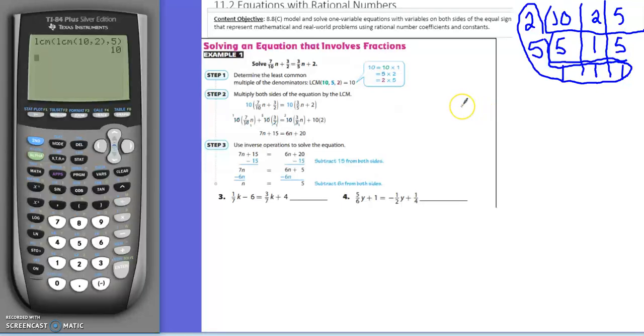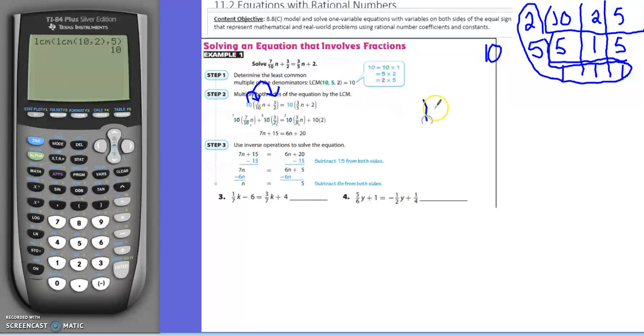Once you find the least common multiple or the least common denominator, you're going to multiply that number by both sides of the equation. So what we're going to do is something called the distributive property, where you multiply everything inside of here.